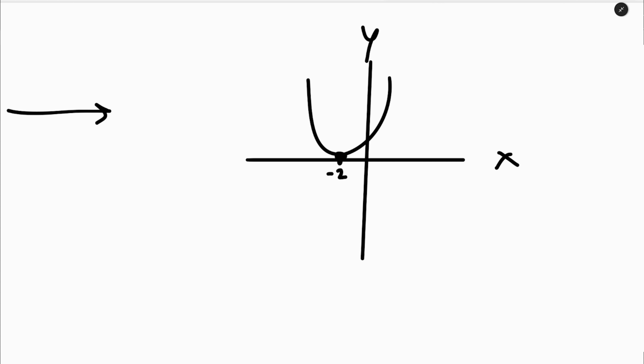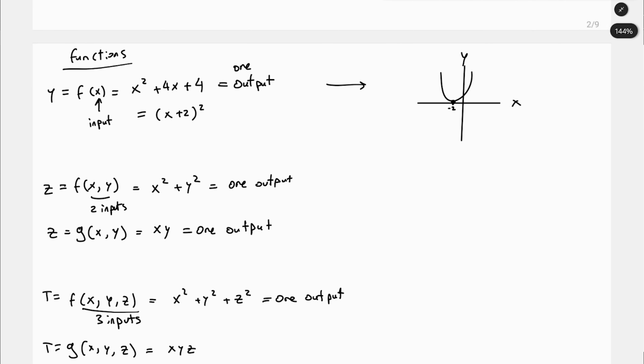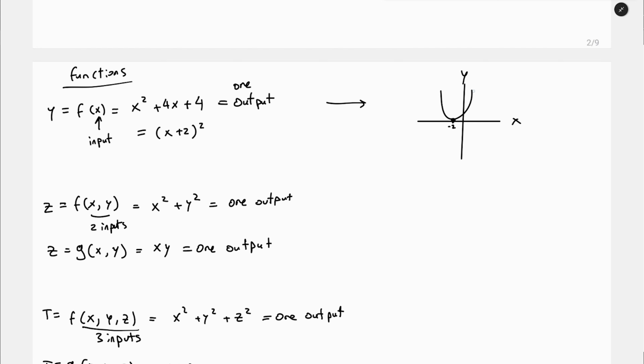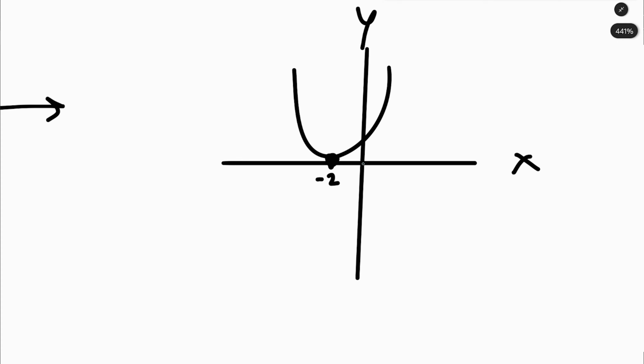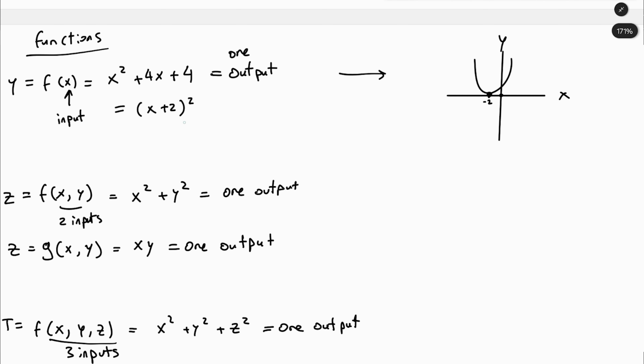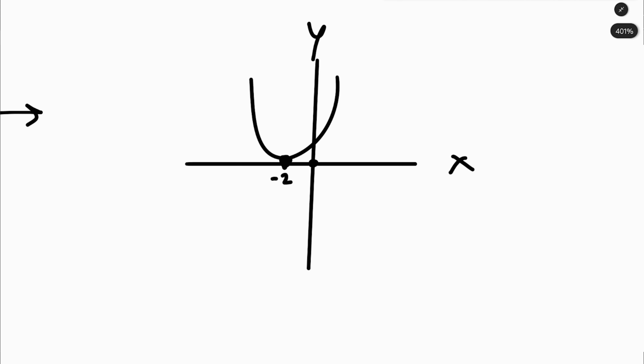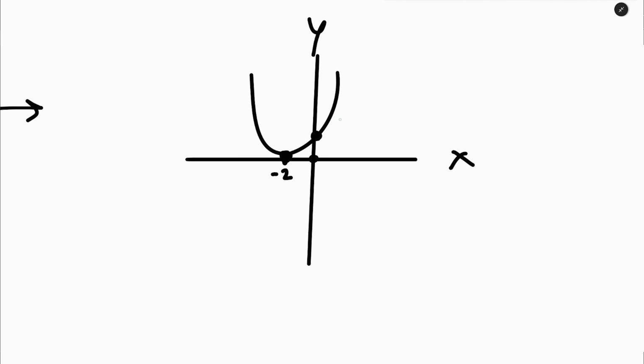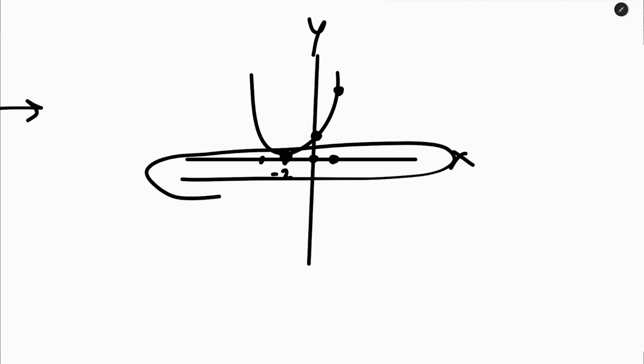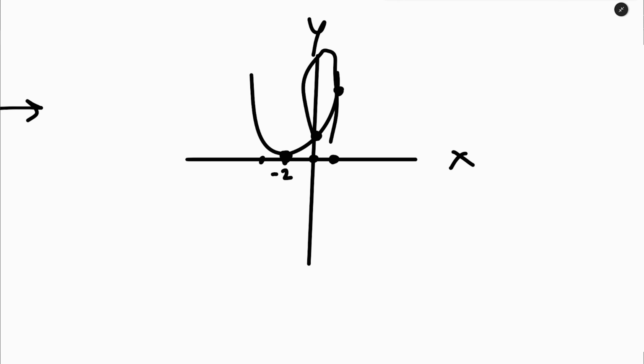So what this represents is that when your x is -2, your function output is 0, which makes the y 0. Your y height is 0. And when maybe your x is now 0, your y becomes 4. Gives you somewhere here, let's say. When your x is here, your y is here. So we have input, our input is x, and then our output is y.